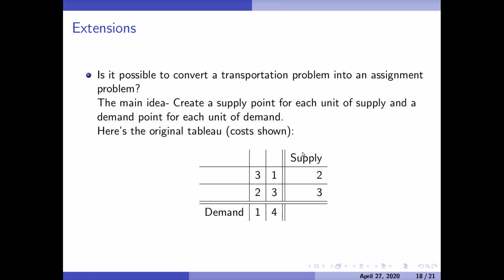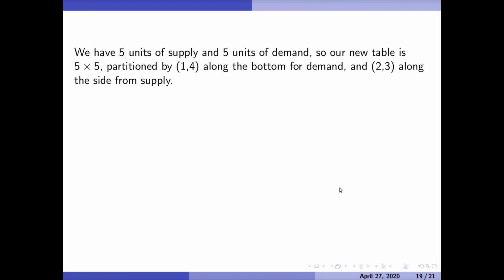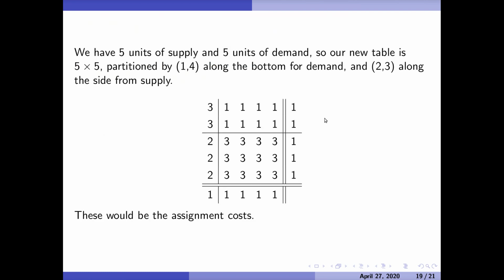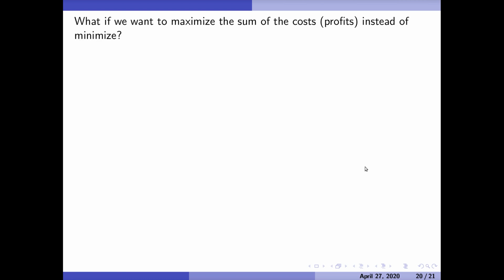Okay, so putting all that together, what would we have? We would have a 5 by 5 array that looks like this. Okay, and these would be the assignment costs then. So notice that we have 5 here, 5 here, so it's still balanced. Okay, but now this is an assignment problem. Good. So that's one way of doing it.